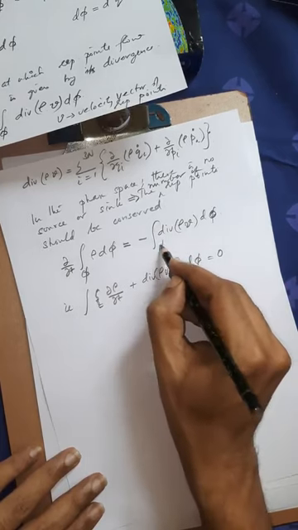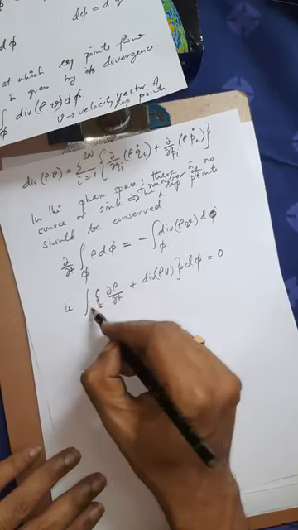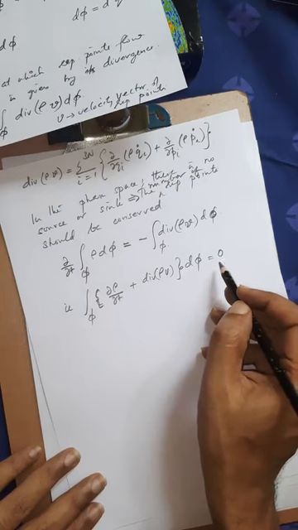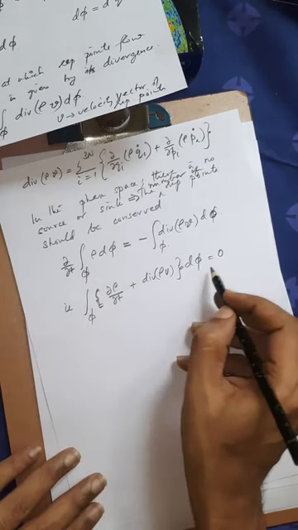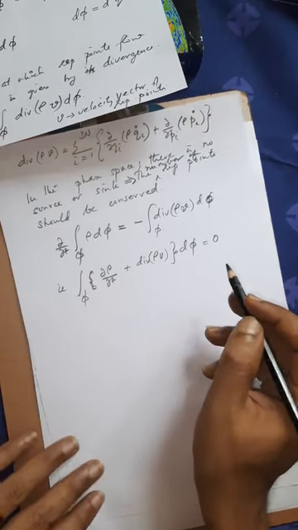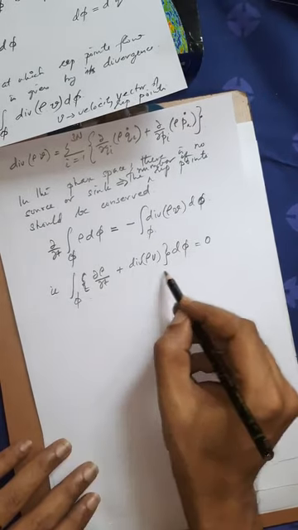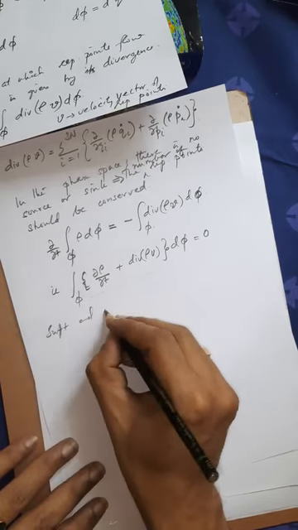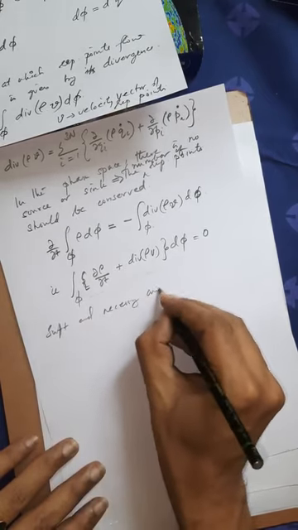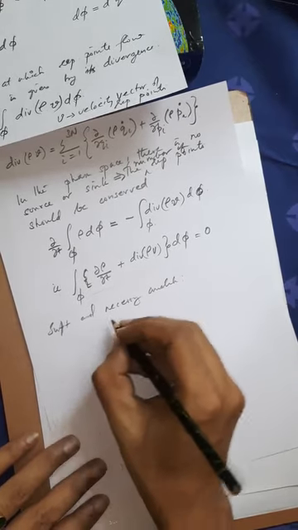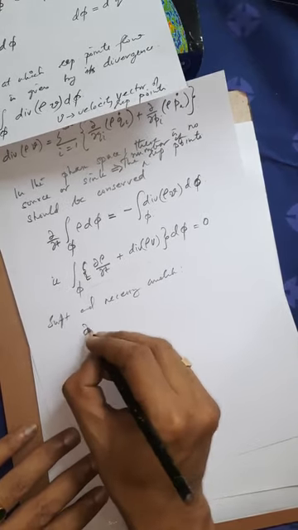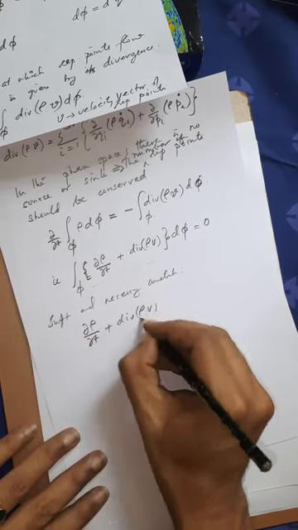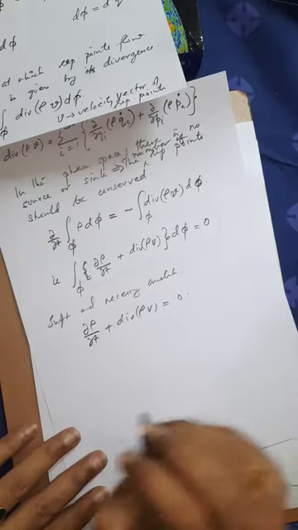Now this has to be 0, which means that my sufficient and necessary condition for this expression to be satisfied is that this quantity should be 0, which I can write as dou rho by dou t plus div of rho v is equal to 0.